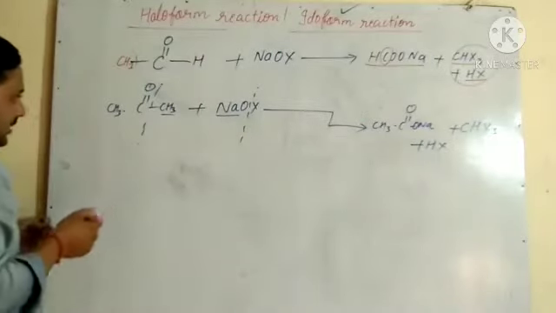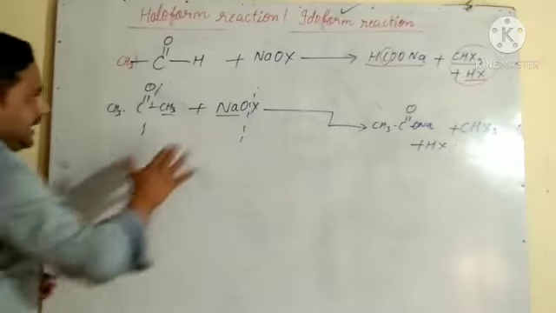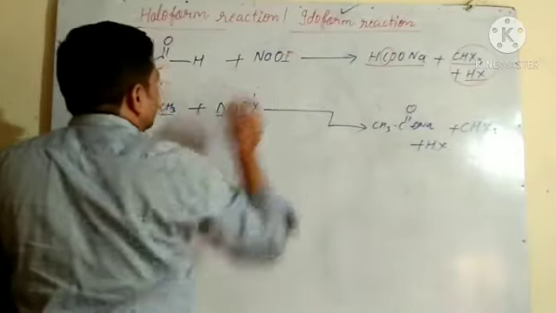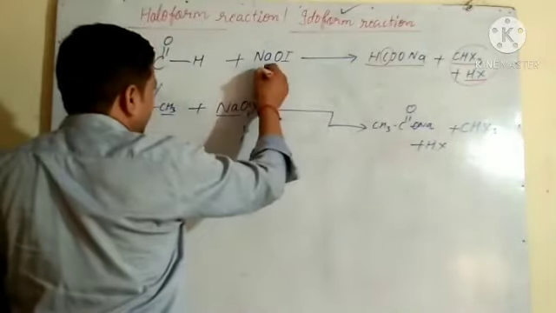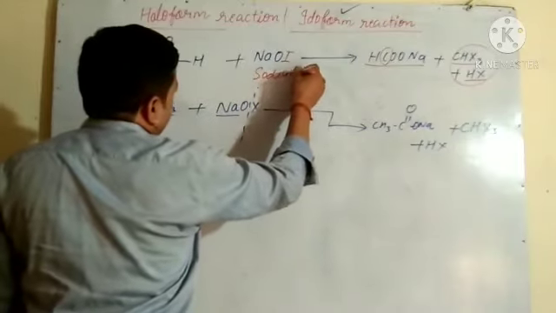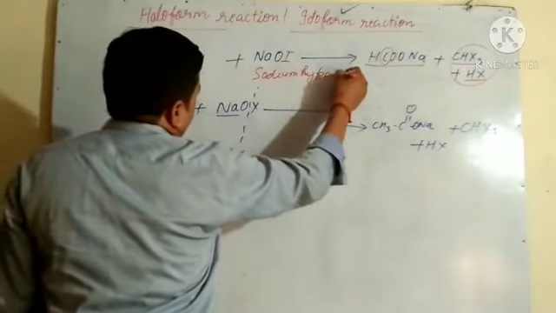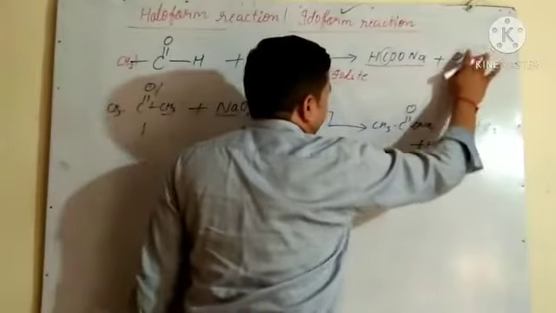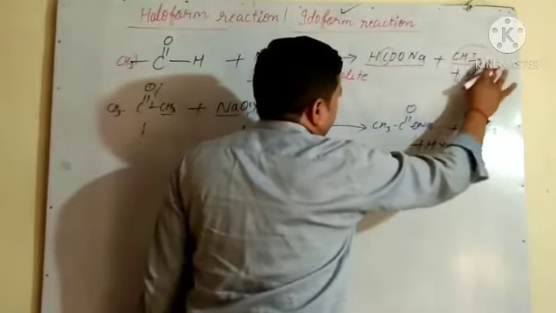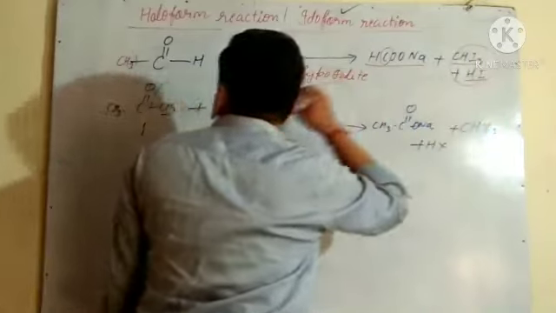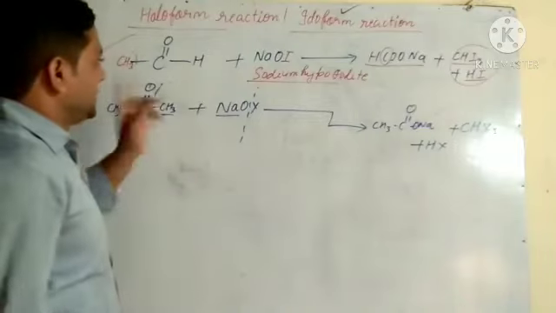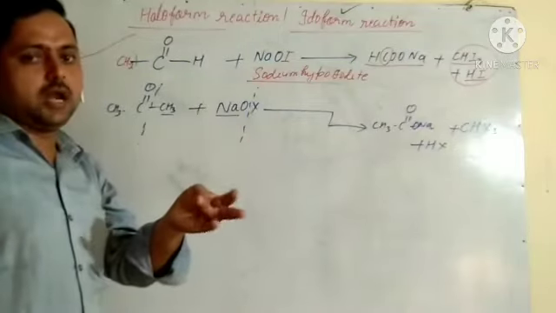If instead of sodium hypohalite I take sodium hypoiodide, here we will get CHI3 and HI, and this reaction is known as the iodoform reaction or iodoform test. So students, please remember it. Instead of X we can take fluoride, bromide, iodide.